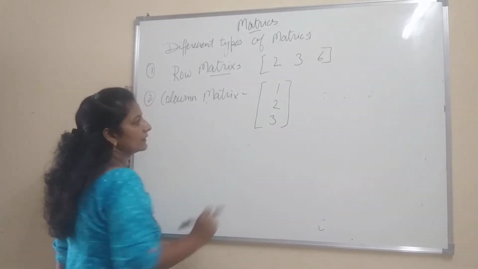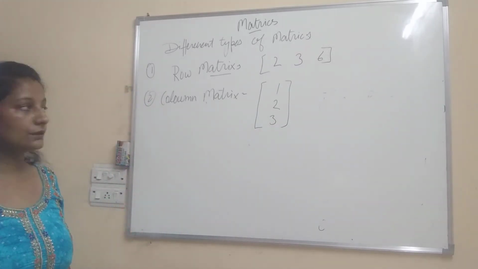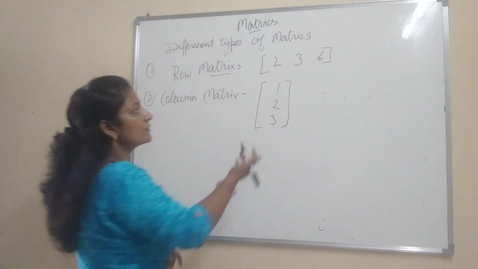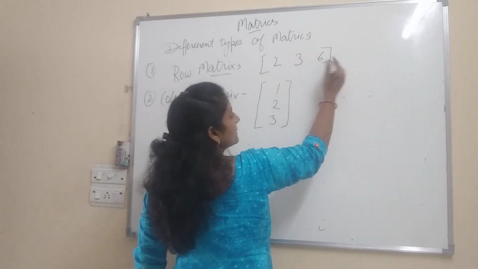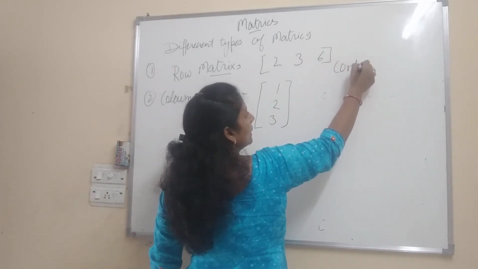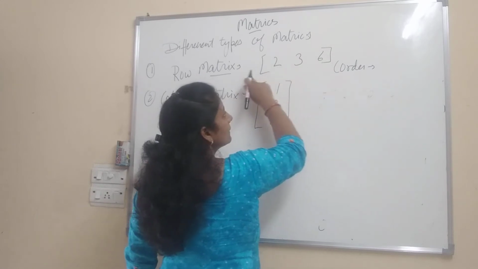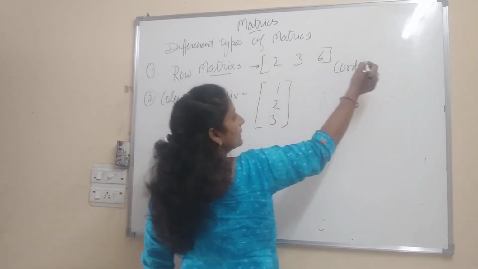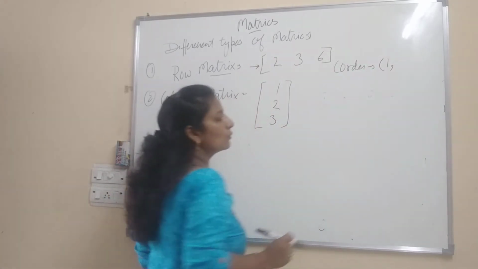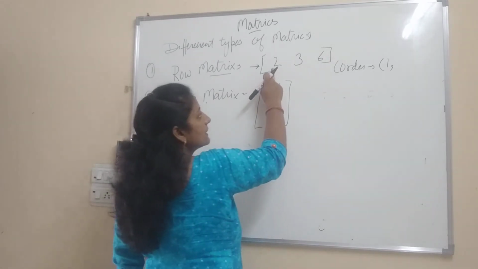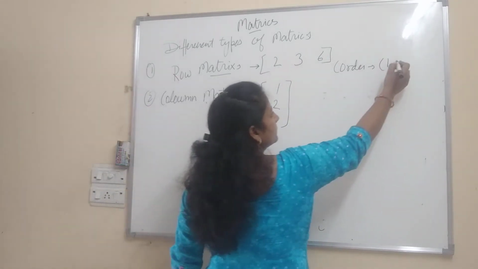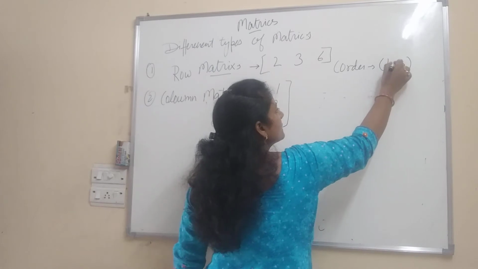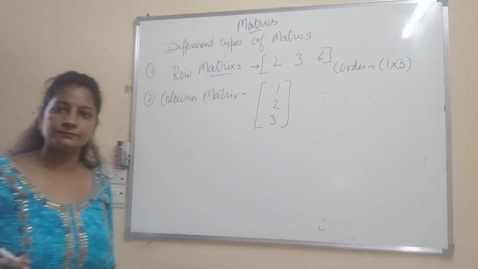This is a column matrix. Suppose we have to write the order of this matrix. First we write the rows. How many rows are there? 1. And how many columns? 1, 2, 3. So the order of the matrix is 1 into 3.